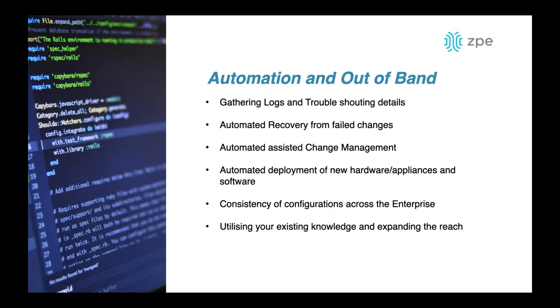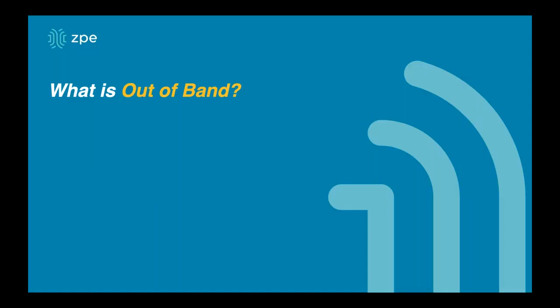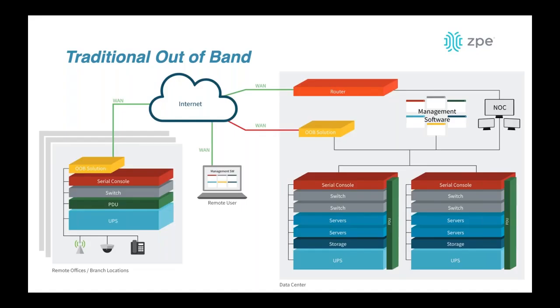Now, we mentioned already the word out-of-band a couple of times. I just want to take a short minute to review what is out-of-band, as the term might not be as familiar to everybody as it is to me. So out-of-band as a technology has been around for quite a long time, over 20 years.